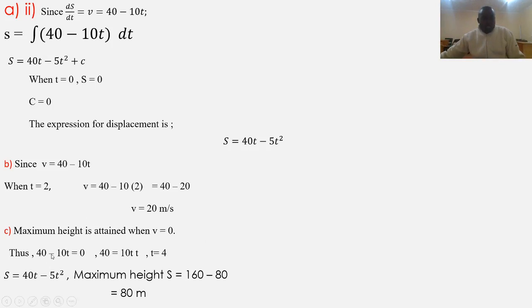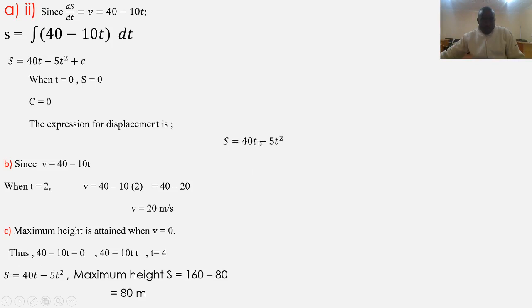So if I substitute my v with 0, it is 40 minus 10t equals 0. From then, 40 equals 10t and t equals 4. If I have t as 4, I substitute the t into the displacement to find the height.